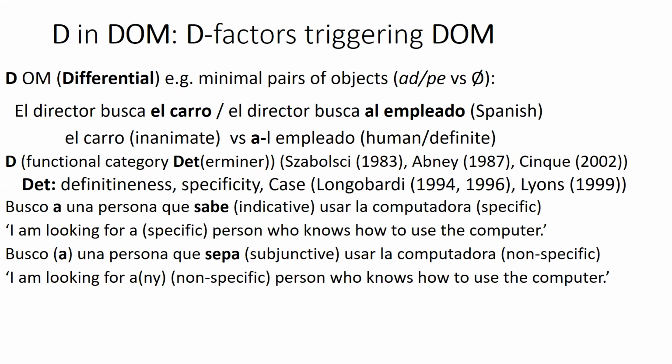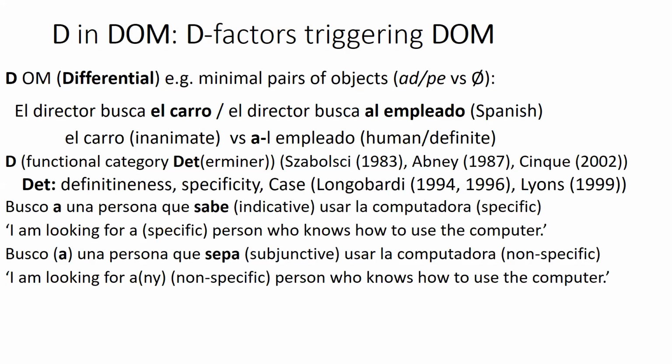Specificity can be seen in some famous examples, like the one here. Busco a una persona que sabe usar la computadora versus busco una persona que sepa usar la computadora.